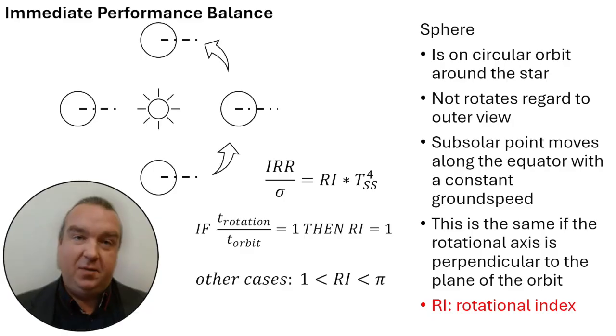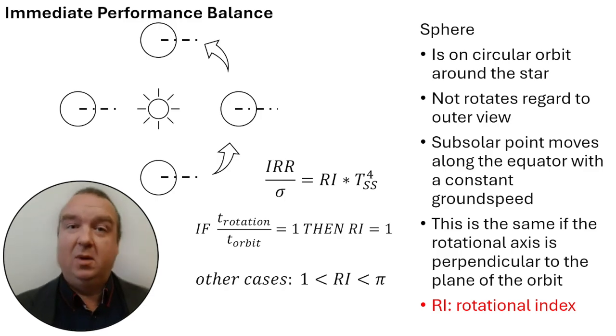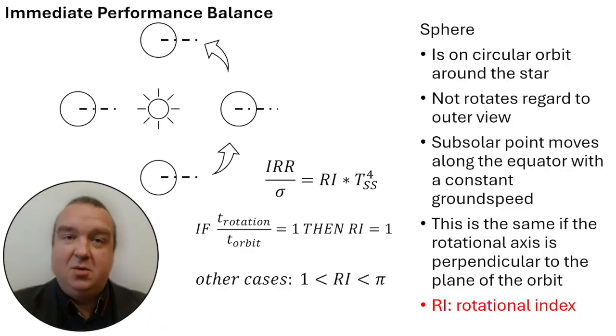Let's imagine a sphere that does not rotate with regard to the outer view, and let's put this sphere to a circular orbit around the star. In this case, the subsolar point will move along the equator with a constant speed. This is the same situation as if the rotational axis is perpendicular to the plane of the orbit.